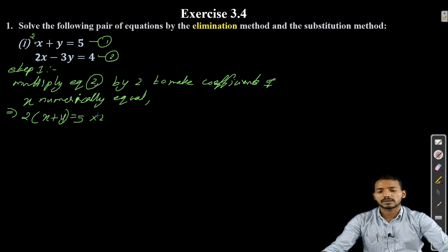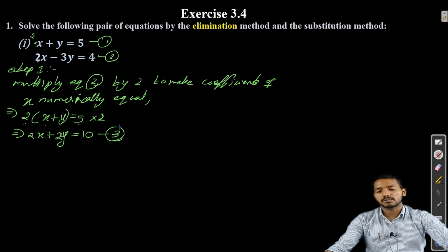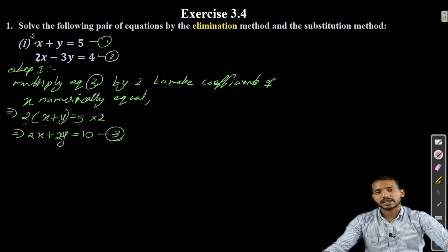RHS also should be multiplied by 2. As LHS we multiplied by 2, RHS also should be. Simplified, 2 into x is 2x plus 2 into y is 2y, which is equal to 5 into 2 is 10. Equation number 3. Now see in equation number 2 and 3, coefficient of x became equal.